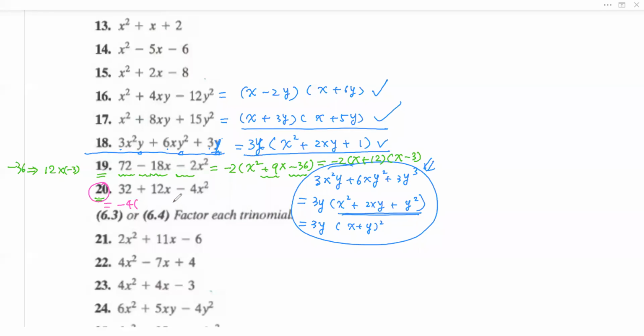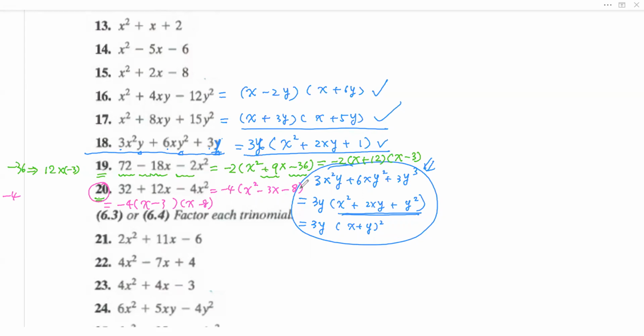-4 times x squared minus 3x minus 8. All right, let's double check this one. First, we take -4 out, and the rest is in sequence as well: x squared minus 3x and minus 8, right?